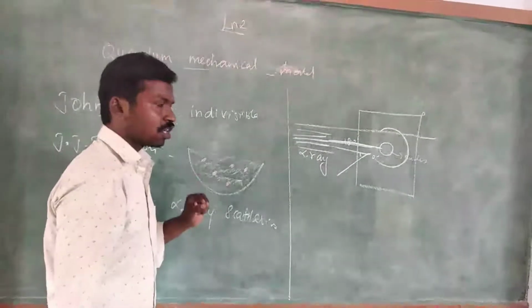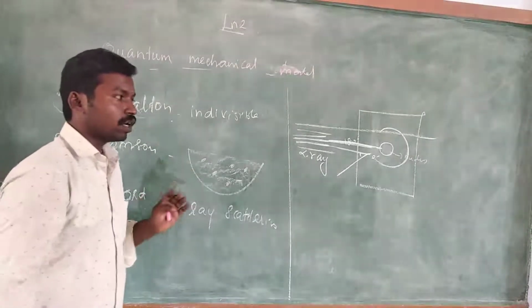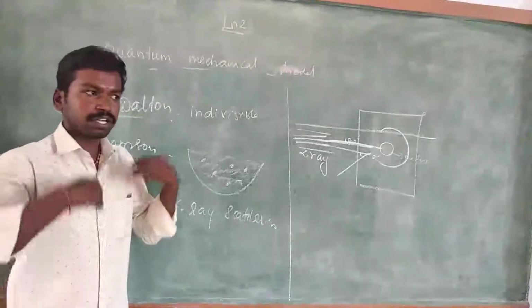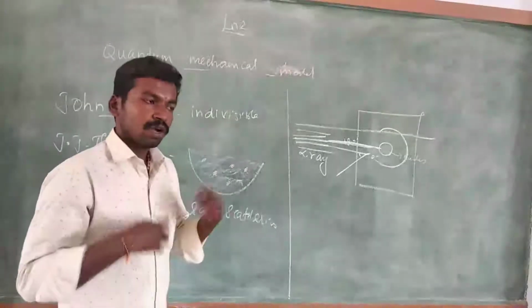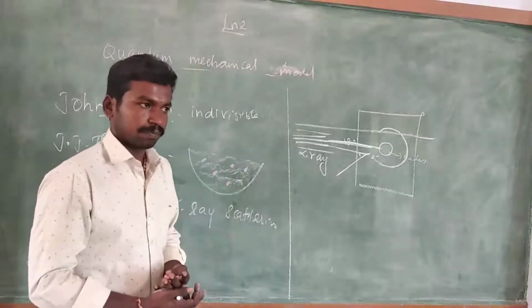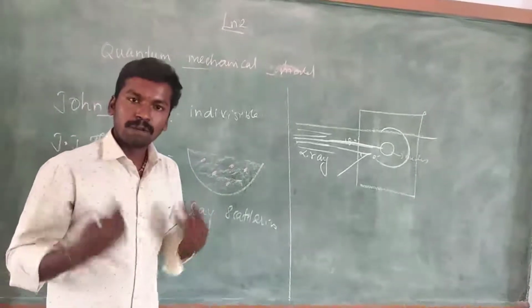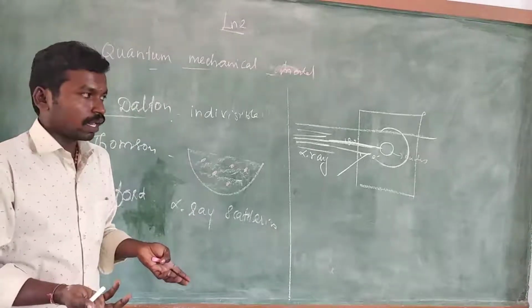But according to electromagnetic theory, whenever a charged species is continuously moving, it can lose its energy. We know, when we work continuously for around 5 or 6 hours, what will happen to us? Our body will lose its energy, and finally we won't have any energy.